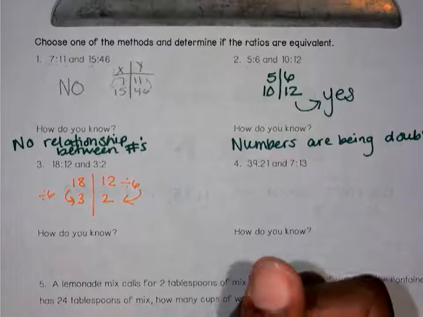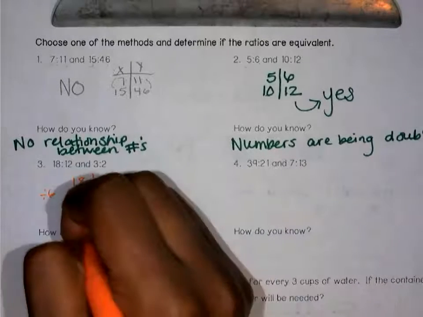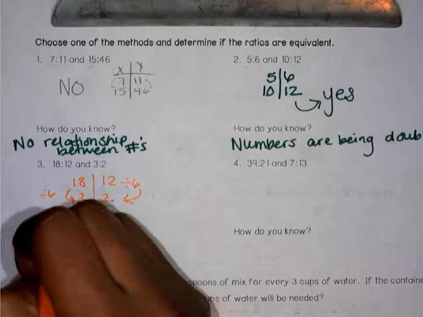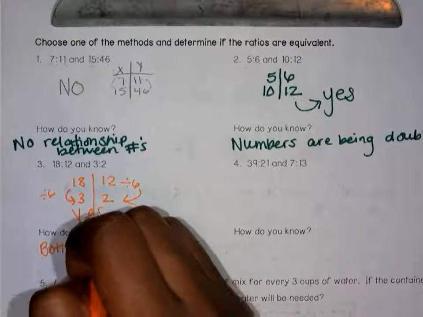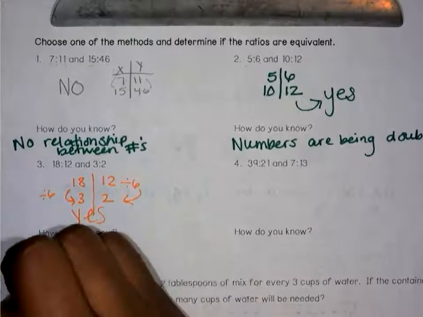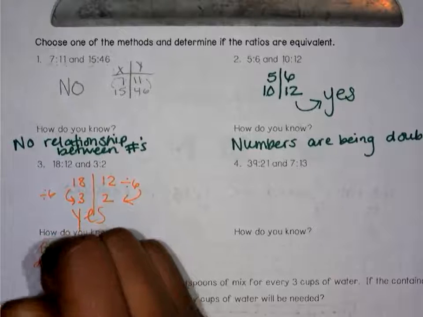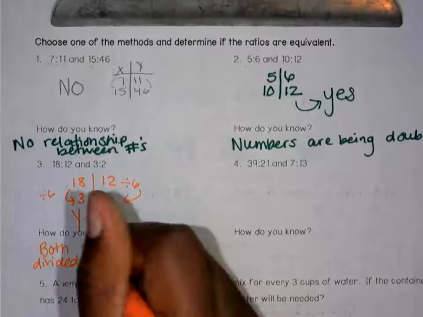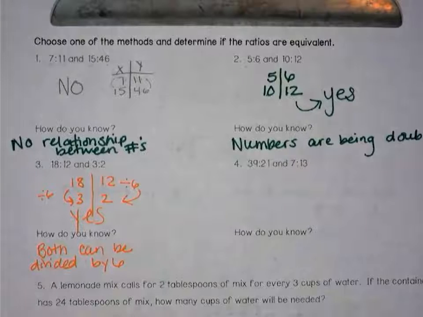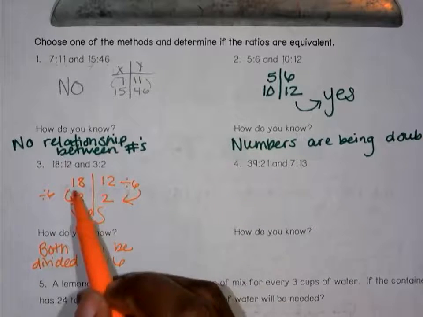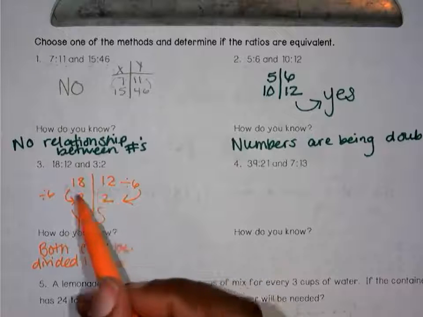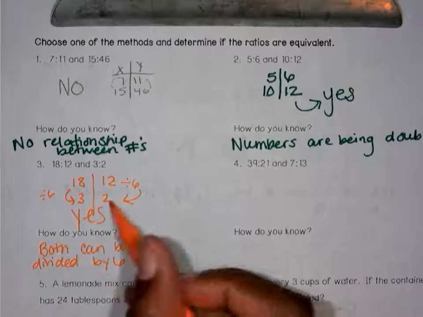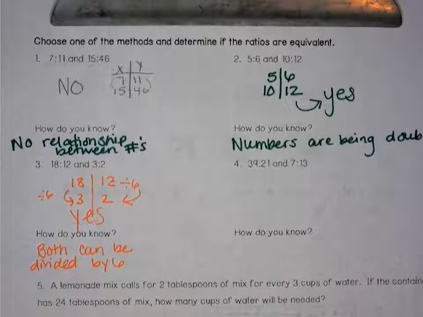Are they equivalent? Yes, they are equivalent. Both can be divided by 6. This is one of the equivalent fractions of it. So if you were trying to reduce 18 to 12, you would divide both 18 and 12 by 6, and you will get 3 and 2.